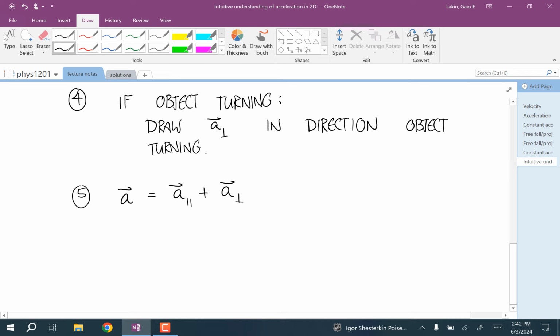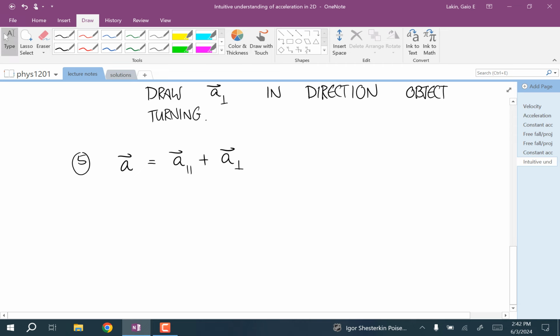So if there's only one of these two, then the total acceleration is in the direction of that. If both of them are there, the total acceleration can be in any direction between these two.